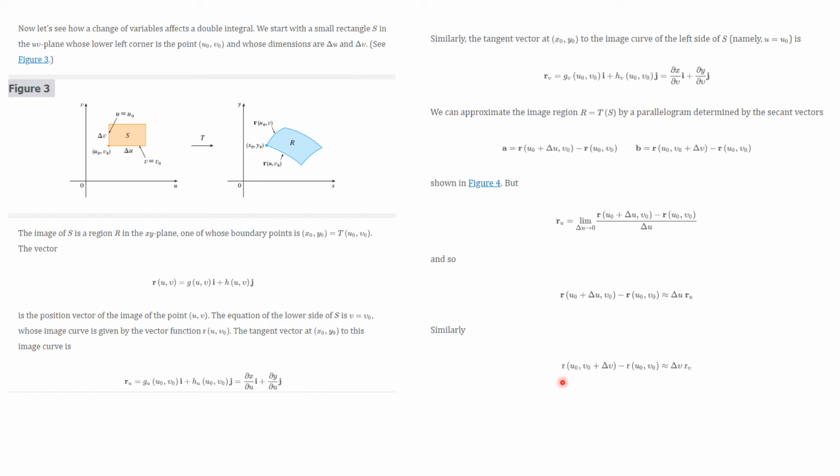And similarly, r at (u0, v0 plus delta v) minus r of (u0, v0) is approximately delta v times r partial with respect to v.